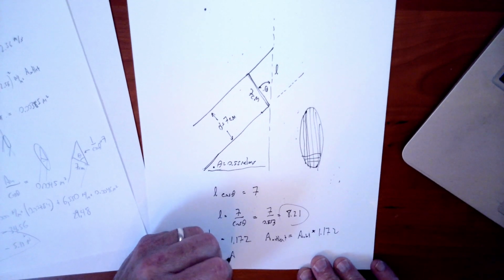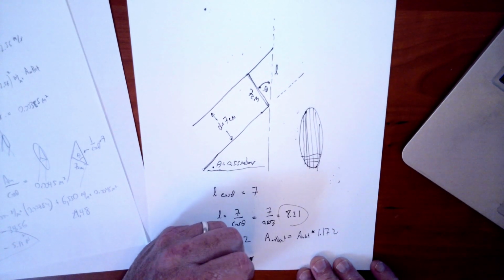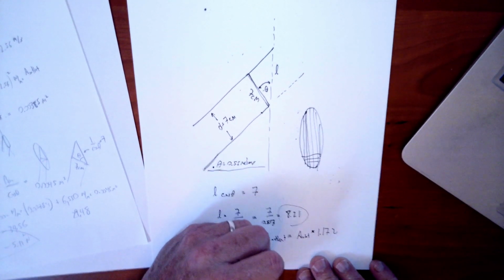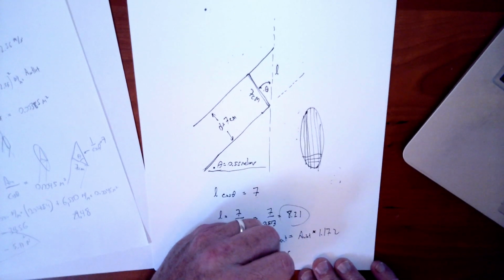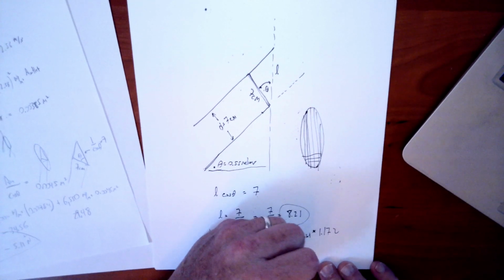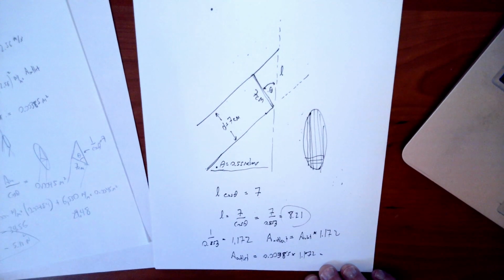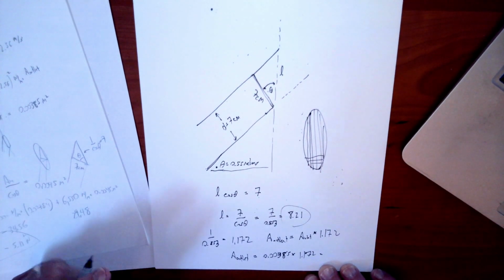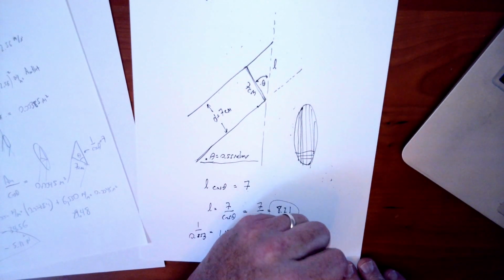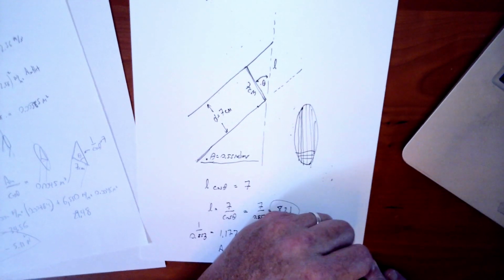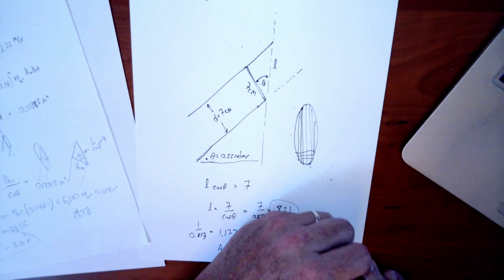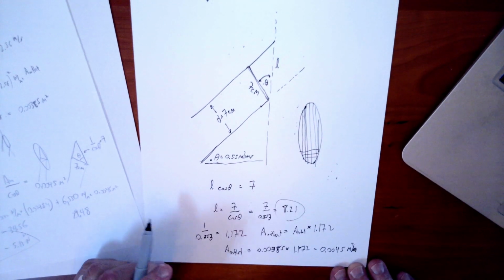So the outlet area equals 0.00385 times 1.172, which is 0.0045 meters squared. All right, so that's my new area.